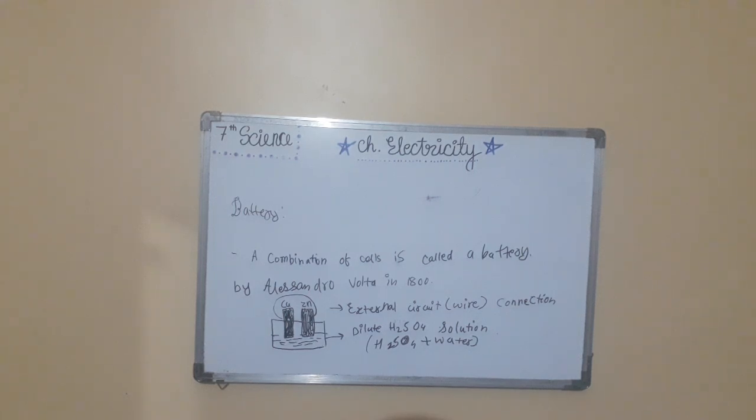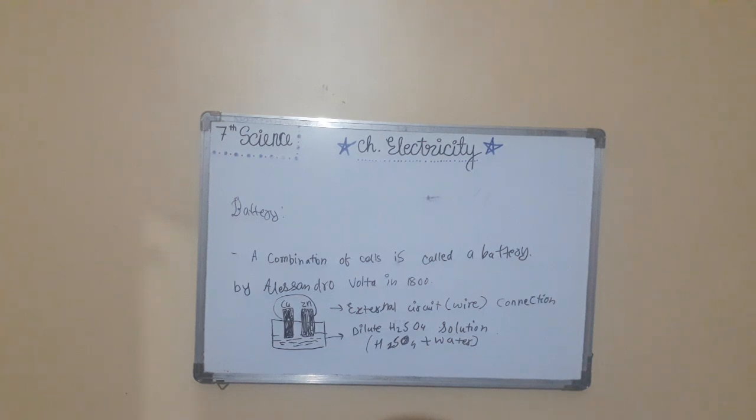Now the working is chemical action of electrolyte. H2SO4 splits into H plus and SO4 minus 2 ions. H2SO4 gives 2H positive plus SO4 minus 2.